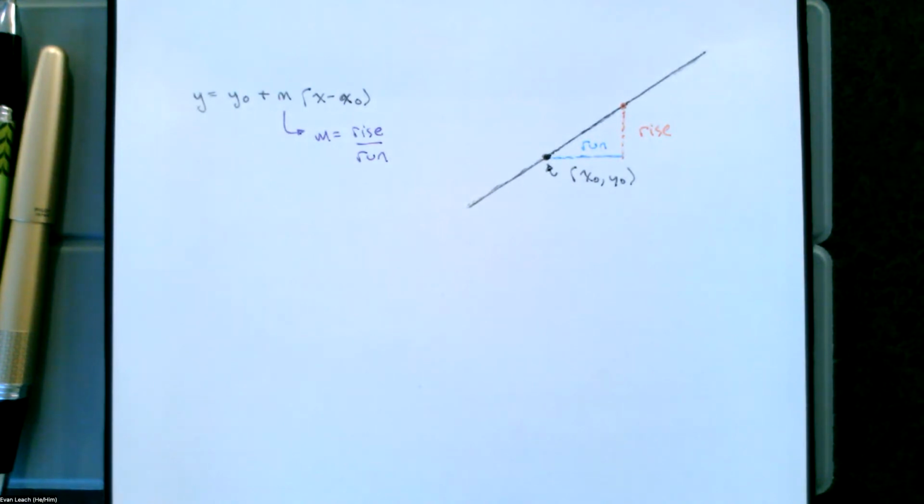So if I've got this line and I've got this rise and I've got the run, what is the slope that is perpendicular to this line?